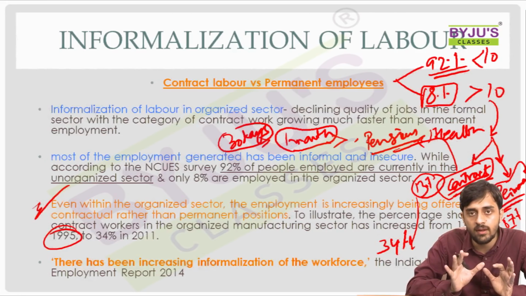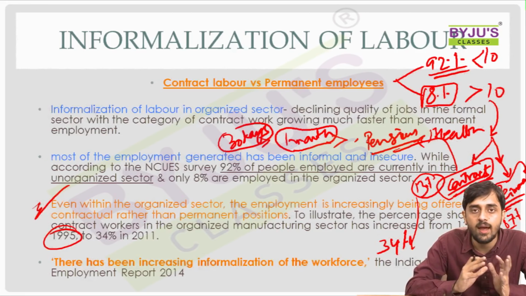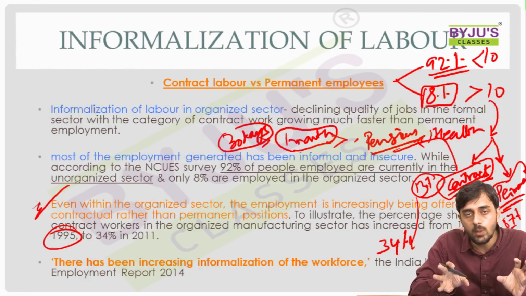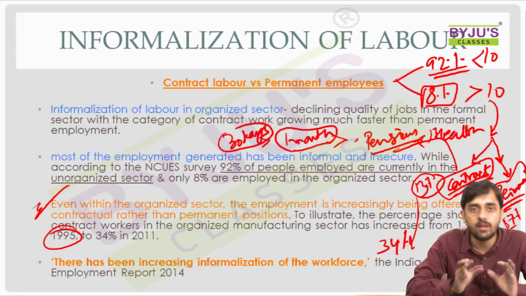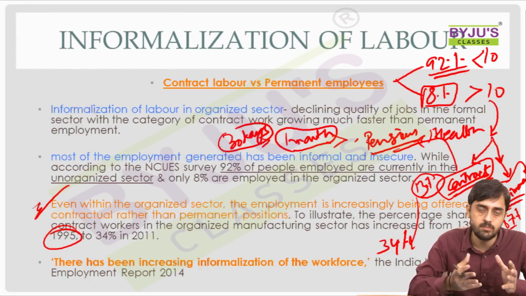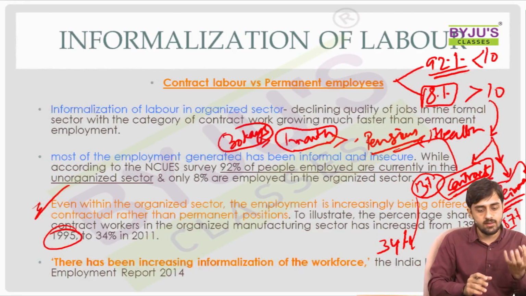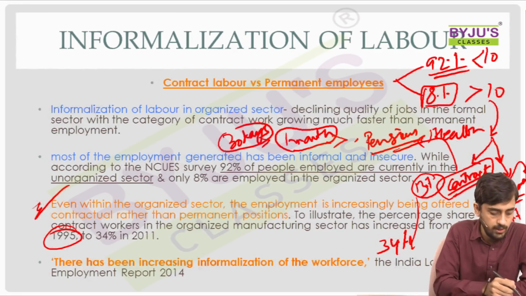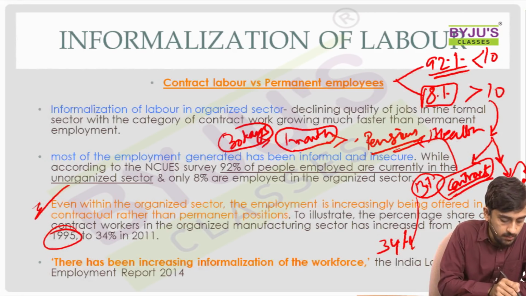And this kind of a contractual employee versus a permanent employee classification within the organized sector actually pits one category of worker against the other, and contract employees are often used by the employer to break the strike called by a labor union. For example, something that has been witnessed in the case of Maruti strikes in Manesar in Haryana itself. So this is another major issue with respect to the quality of the labor market.